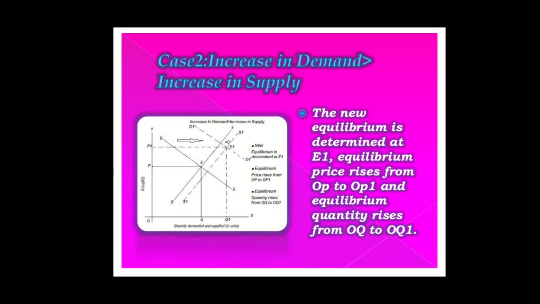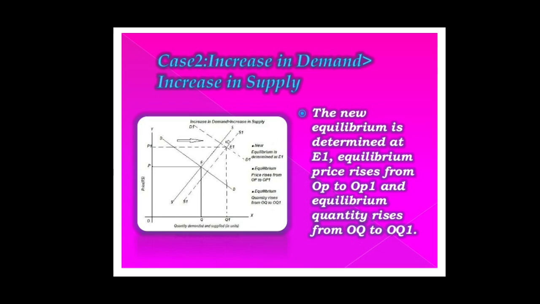Now due to increase in demand, the curve shifts rightwards from DD to D1, and due to increase in supply, the curve also shifts rightwards from SS to S1. We can see from the figure that increase in demand is much greater than increase in supply.